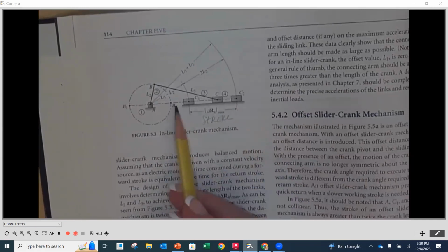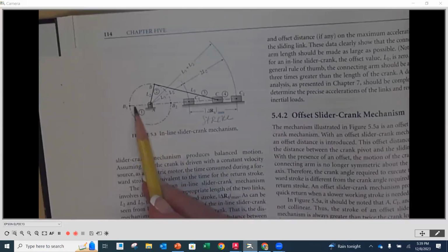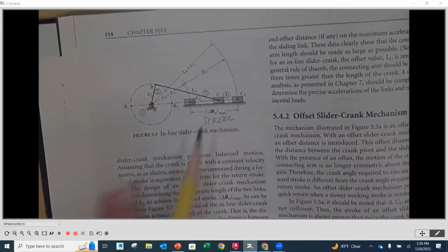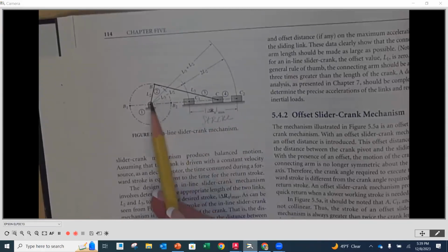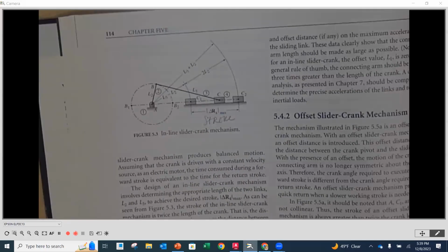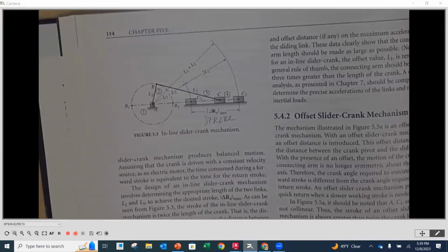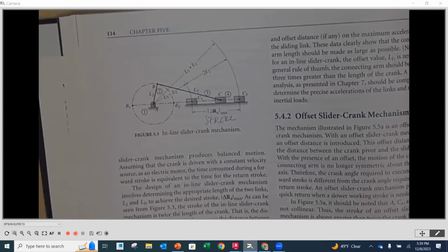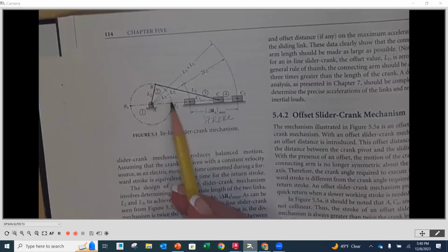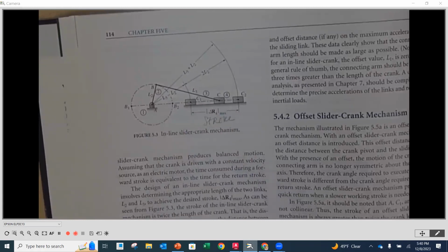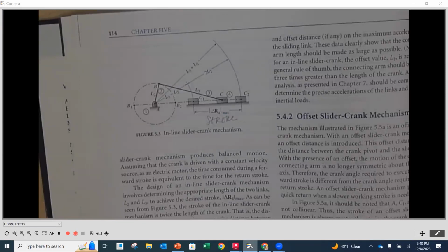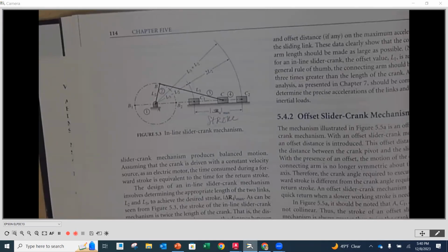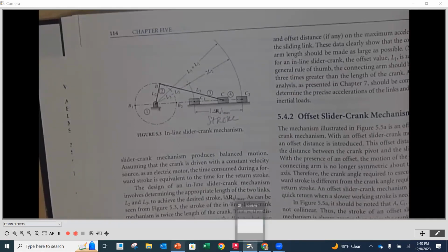When we go around and this is in line, that's the position where we're furthest in. So the difference between those two is literally twice the crank length. The length of link number 2 is going to be 1/2 of whatever that total stroke is. Always. So if we know our stroke is 20 millimeters, our crank has to be 10 millimeters long. Done.